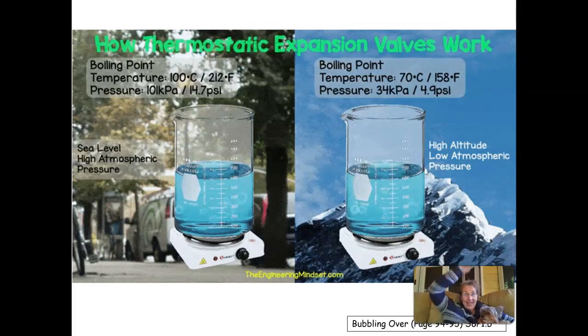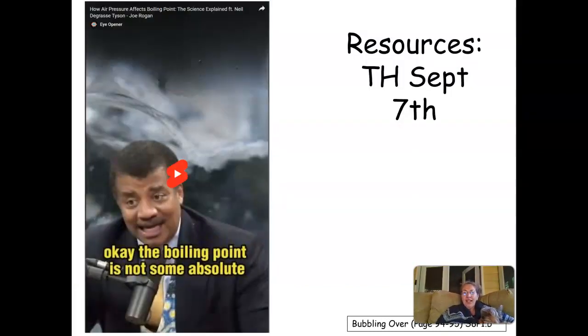Just because we can't see it, feel it, or capture it, there still is mass pushing down on us. And so that's going to affect the boiling rate of water. The boiling point at sea level is 100 degrees Celsius, and the boiling point high up in the sky is 70 degrees Celsius. So things are going to take longer to cook up in the mountains. On the next slide, we're going to watch Neil deGrasse Tyson talk about how pressure affects the boiling point.